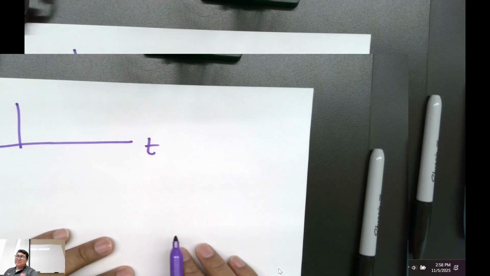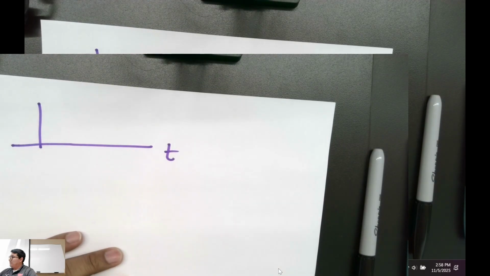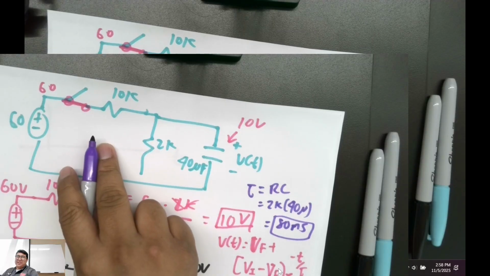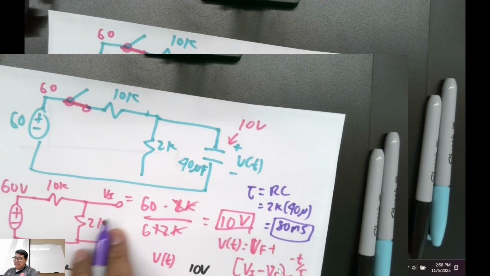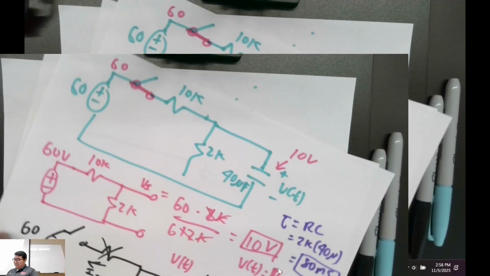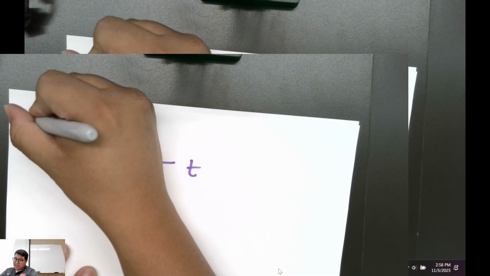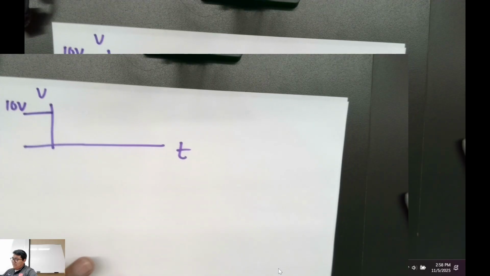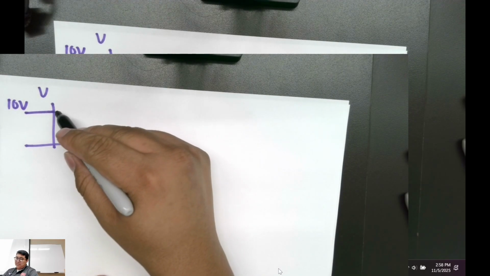Here's time, correct? So this circuit, it was closed, right? And we had 10 volts right here, right? So initially this is V, 10 volts. Is that good? Now I'm going to do the following.